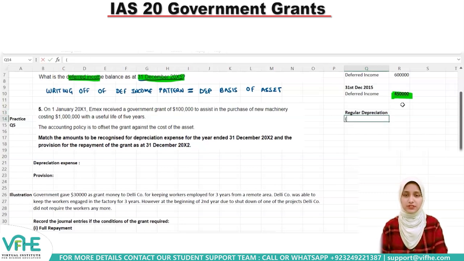Your regular depreciation would have looked like a 1 million figure because that's your historical cost divided by the life, which is 5 years. Okay. So, definitely it would be a 200,000 depreciation per year. Okay. Now, because of the grant deduction from your cost of asset, we'll see how is the depreciation.